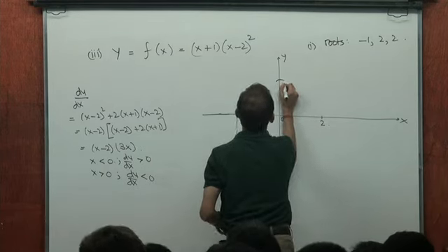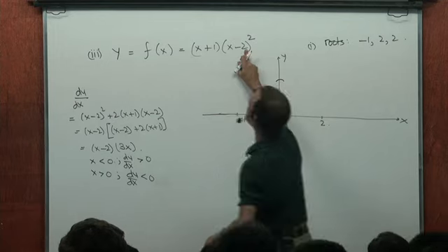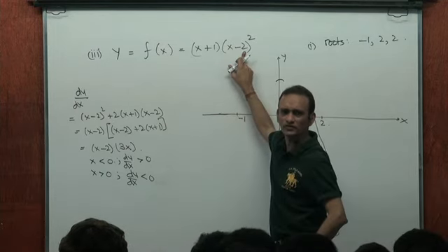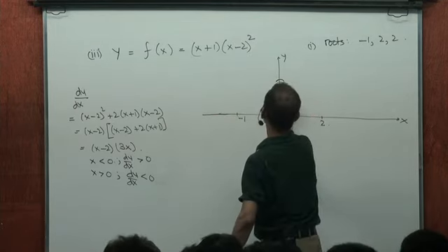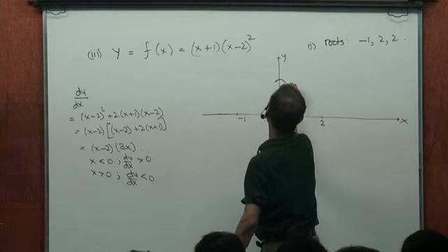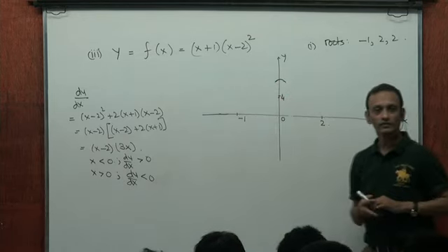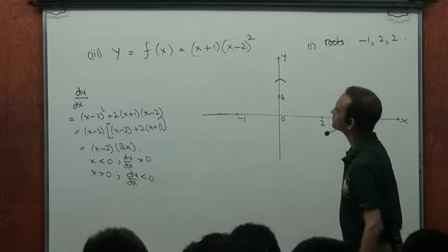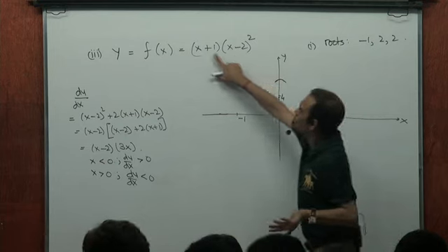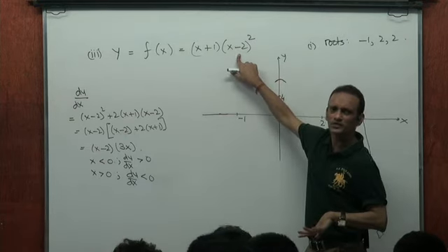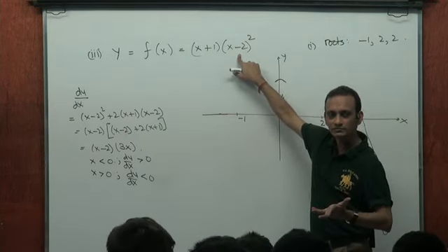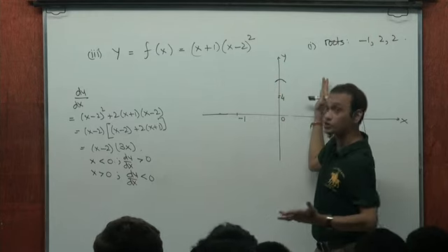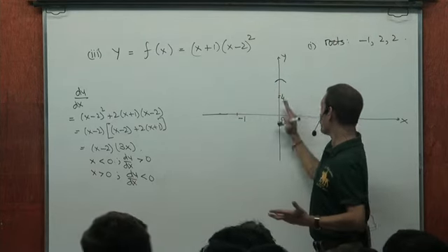And the value at x equal to 0, as you can see, is 4. 4 is the value of the function at x equal to 0. And it has a local maxima. Do you see that for x greater than 0, this is always greater than or equal to 0?